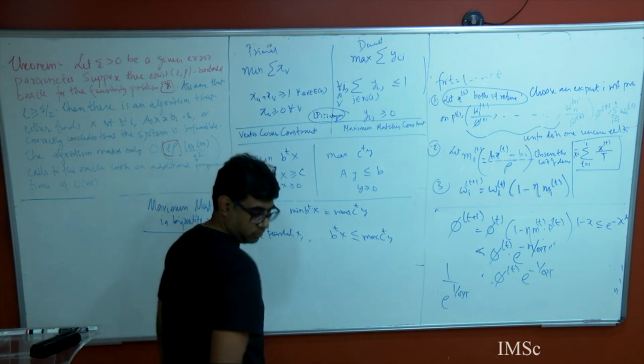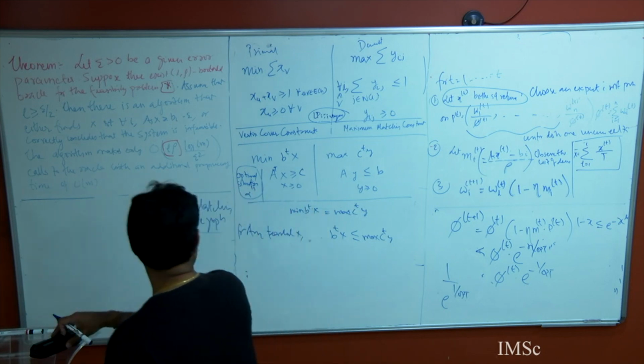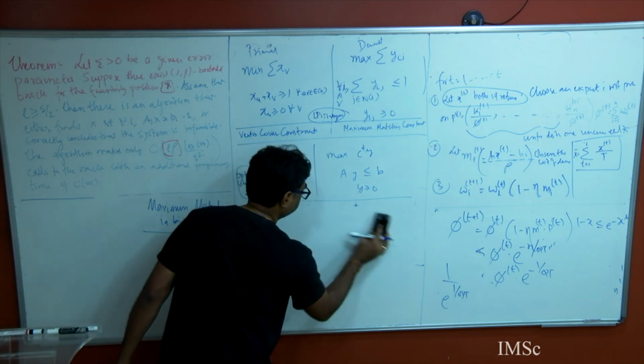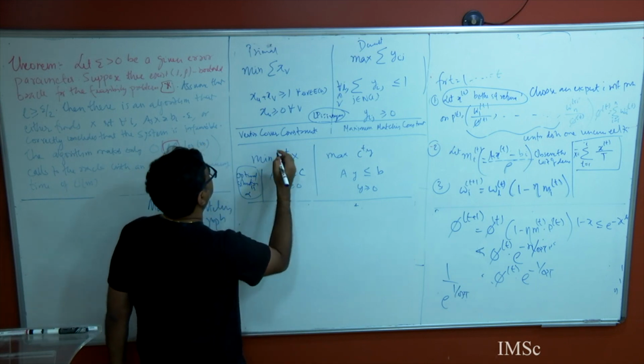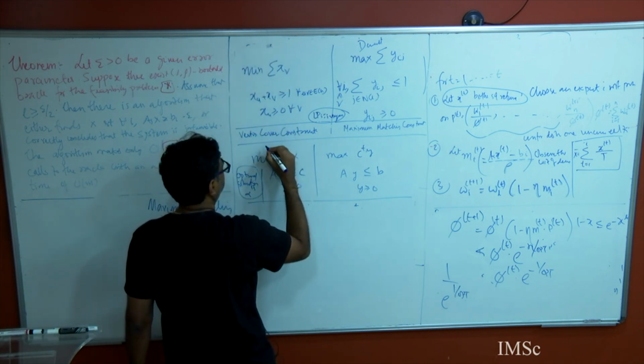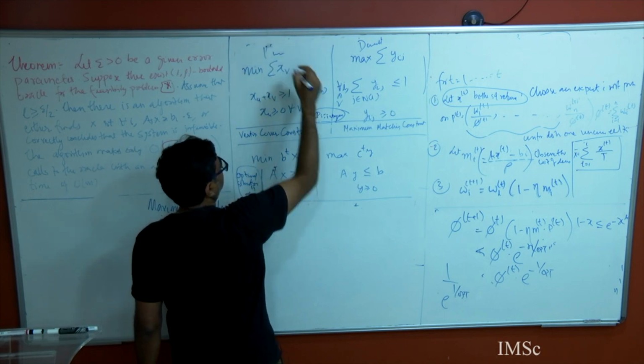So, okay, what will be the violation of a dual constraint? So this is primal and this is dual.